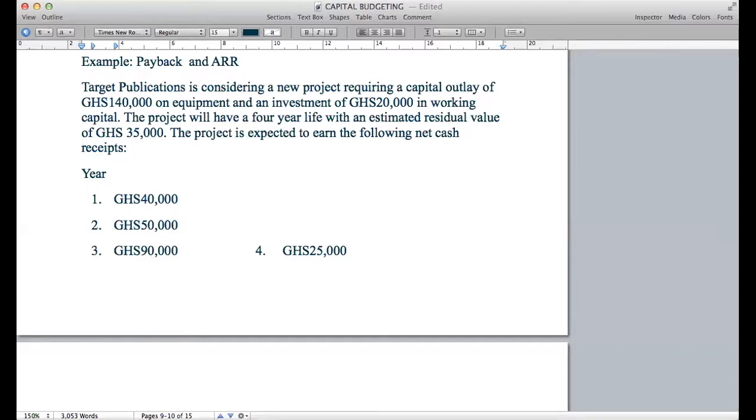You are calculating the payback period and accounting rate of return. You are calculating the payback period and accounting rate of return.